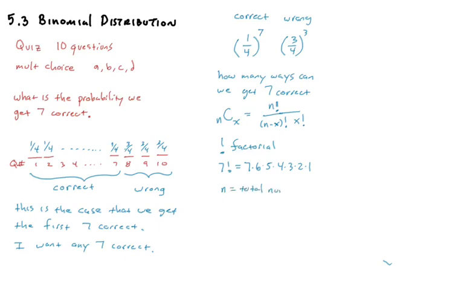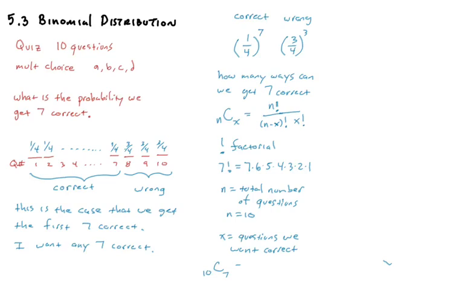N is the total number of questions that we have here, and for our specific example, n is going to be 10. And x is the number of questions we want correct. So for our example, we would write 10 choose 7.